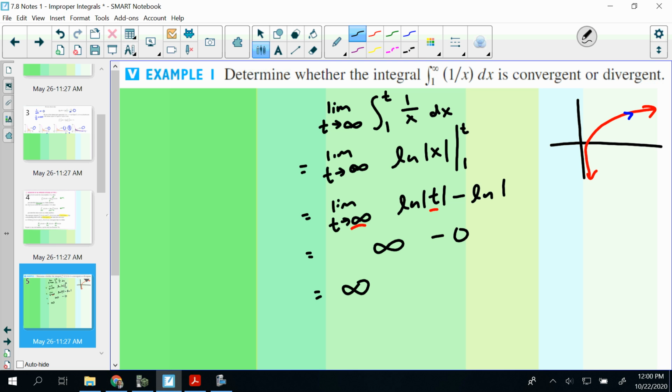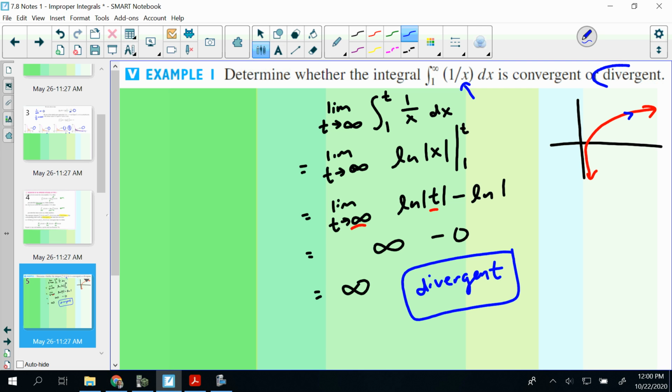So on this one, we would say this is divergent. It's not approaching a finite number here. On this graph here, there's an infinite amount of area under that curve. It does not approach a finite number.